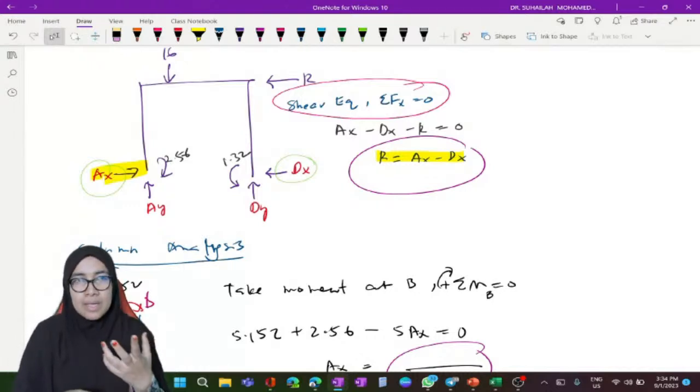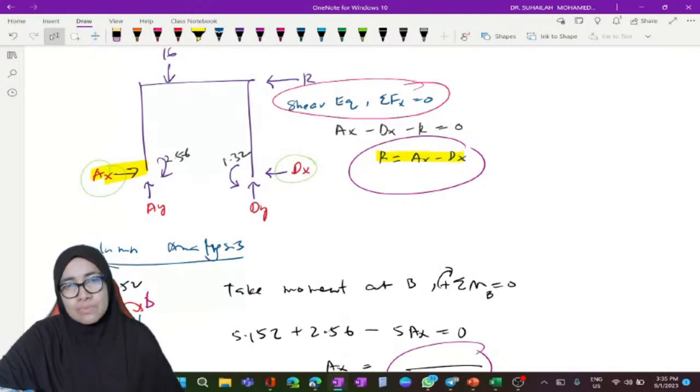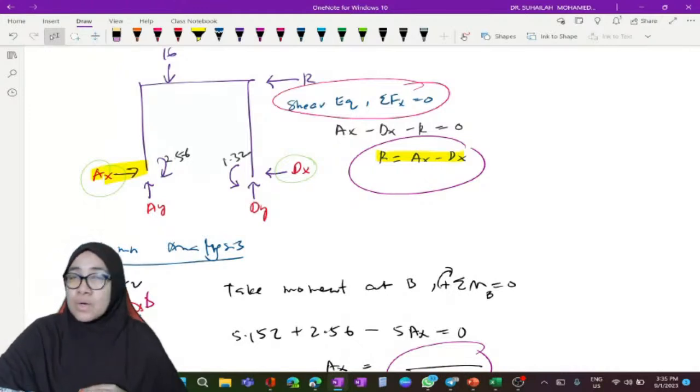In the next series, series number 3, I will show you how we assume FEM for sidesway. We focus on how we actually assume FEM, and then we calculate FEM for the other column, because we only assume one value from one column, and then using ratio we will find the other column or other member.